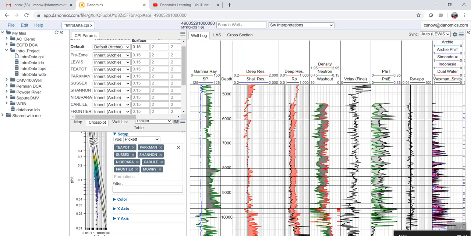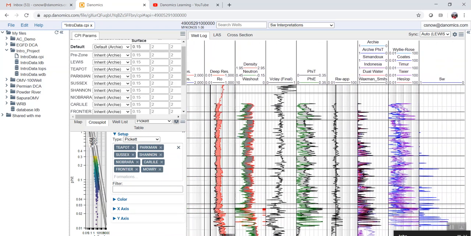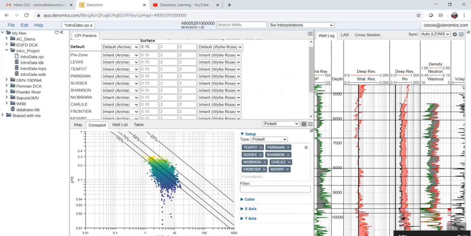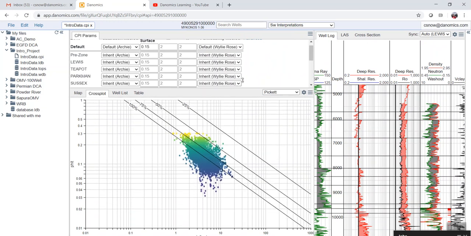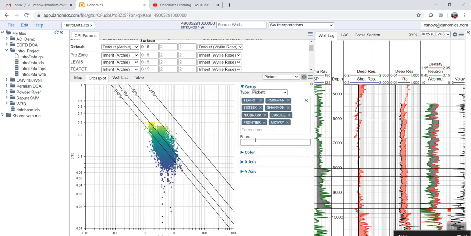So what we'd want to do is a couple of things here. First, we would probably go through and set our parameters. And so here we have our Pickett plot. I just want to explain how we use a Pickett plot. When we do a Pickett plot, we generally want to filter this down to reservoir quality rock.